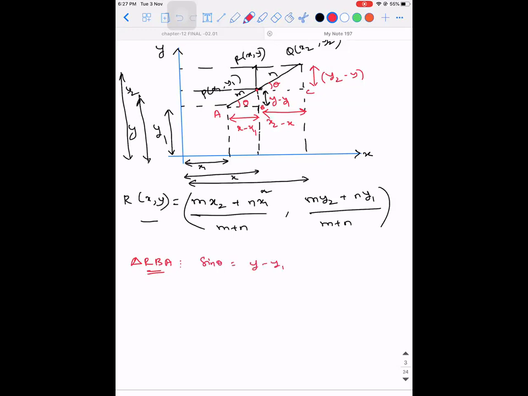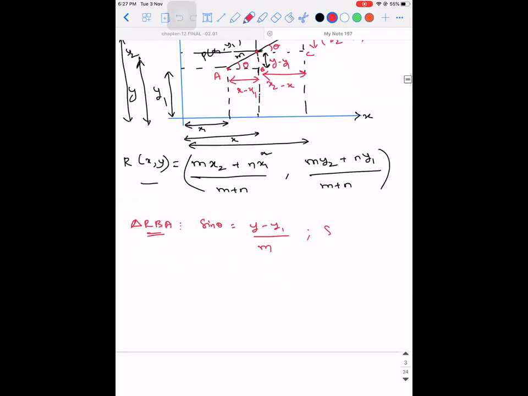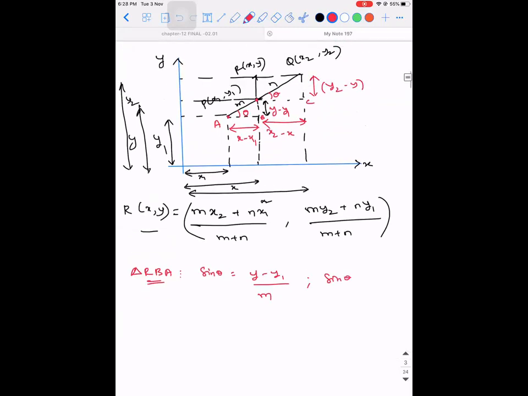Is it not y minus y1 divided by m? Actually, the distance between the point A and R is not m. The ratio is m, so generally we write it as m into k. If you're confused with that k, you can forget about it. It's m. Similarly, what is sine theta from the other right angle triangle? It is y2 minus y divided by n. So this is also sine theta.